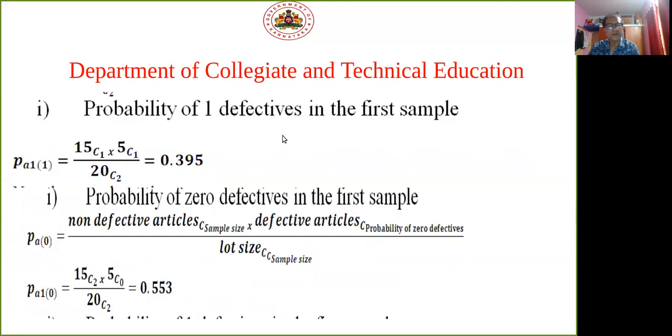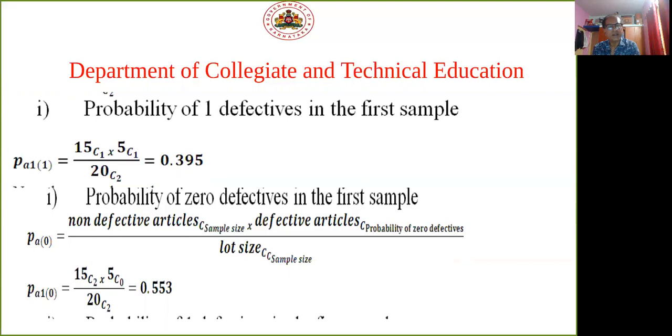We find the probability by means of the formula NCr into NCr divided by NCr.